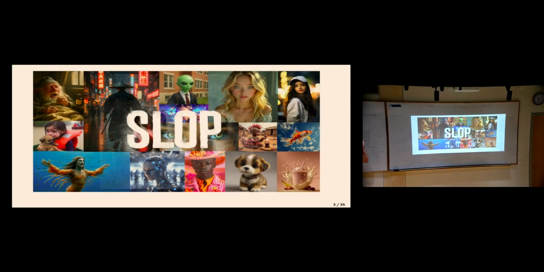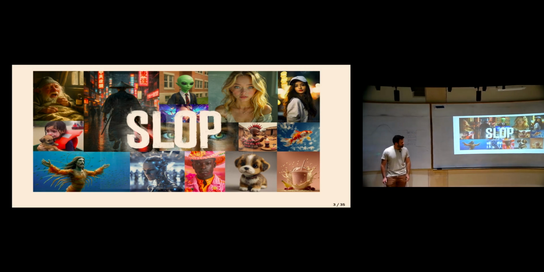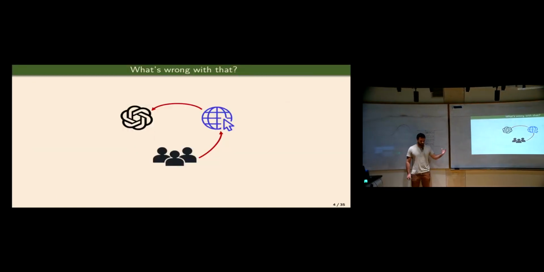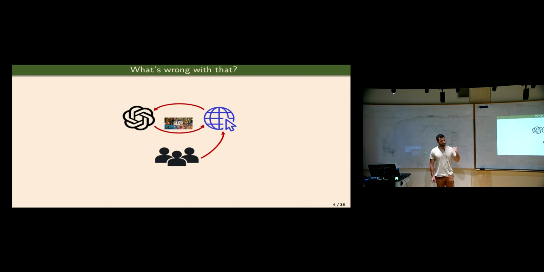By slop, I just mean synthetically generated data that's not that good sometimes. The early generative models that we all know were mostly trained on real data that humans created. But as you can imagine, everybody uses them. They fill the internet.